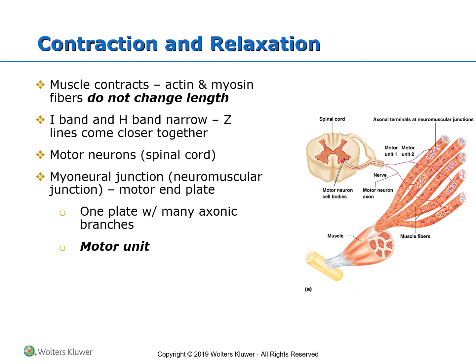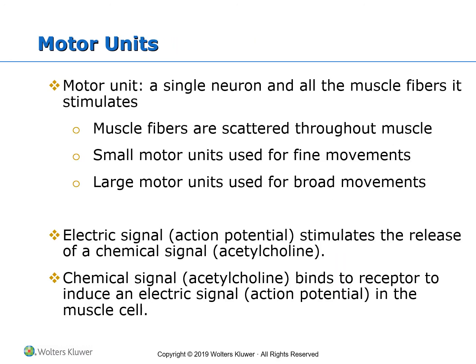Now, keep in mind that one plate, one motor end plate, which is that area, that sarcolemma place where the neurons will attach, can have more than one axon branch, and they make up for what is called a motor unit. So the motor unit represents that single neuron and all the fibers that neuron will stimulate.